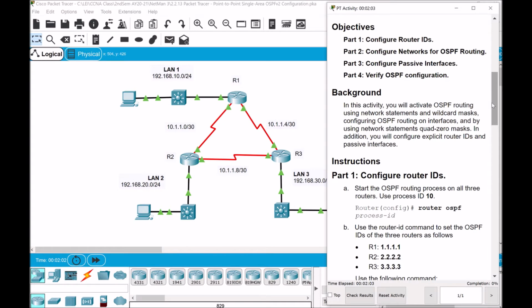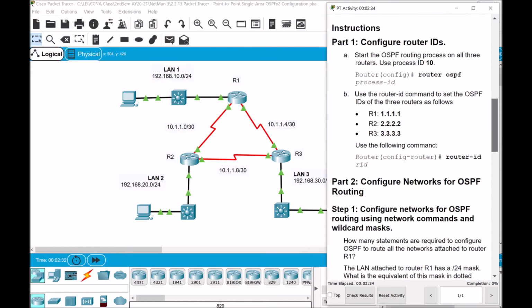This activity will activate OSPF routing using network statements and wildcard masks. It will also configure OSPF routing on interfaces and by using network statements with quad-zero masks, which means we'll be trying out three ways to activate OSPF in a network. In addition, we'll also be configuring explicit router IDs and passive interfaces.